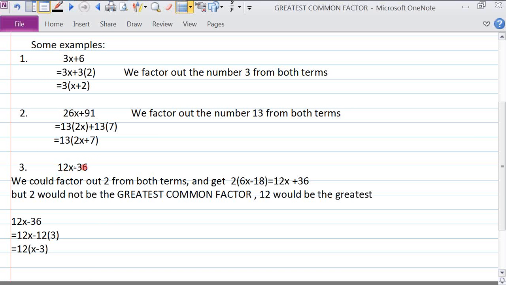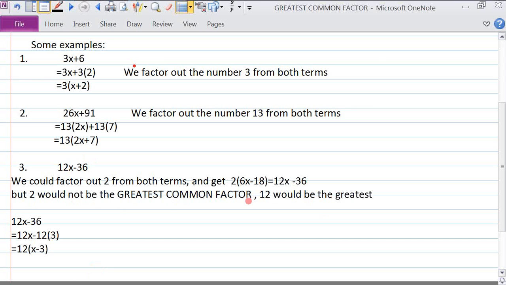If you take the expression 12x minus 36, we could certainly factor out the factor 2 from this and say 2 times 6x gives me 12x. 2 times minus 18 gives me minus 36. And slight error here, this should read minus 36 here. So let's just correct that. So 2 times 6x gives us 12x. 2 times minus 18 gives us minus 36, which is the original expression.